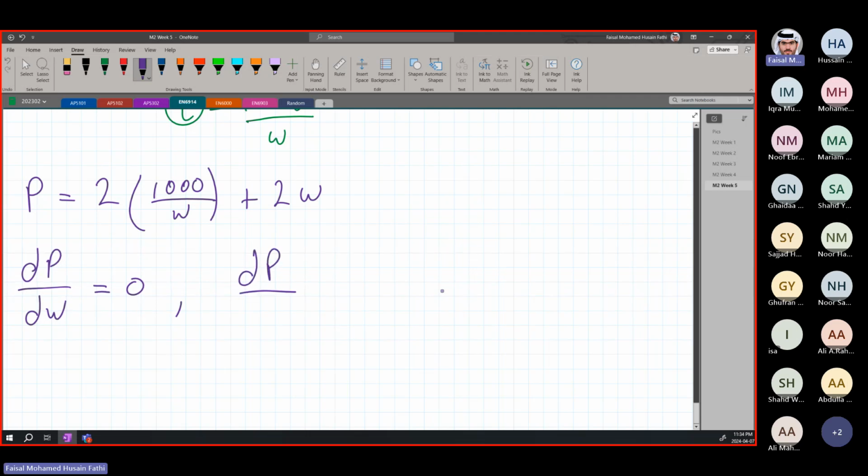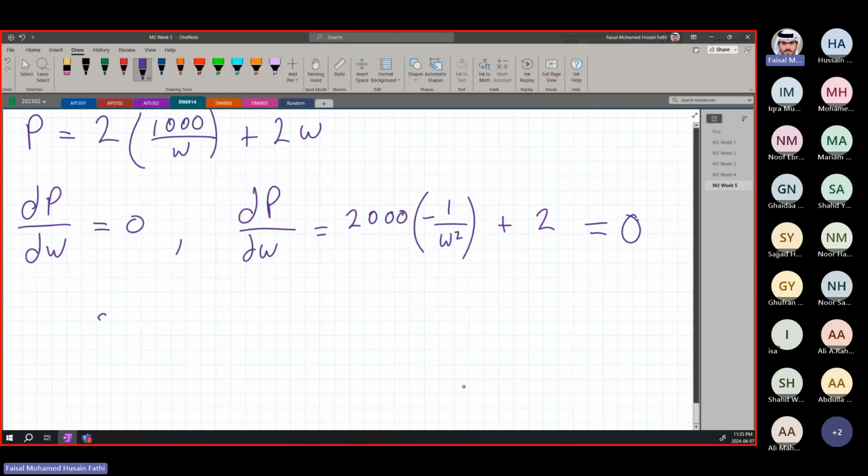So dP by dW is equal to 2000 times minus 1 over W squared, plus 2W is just 2. And this has to be equal to 0. And now we can solve for this: minus 2000 over W squared plus 2 is equal to 0.